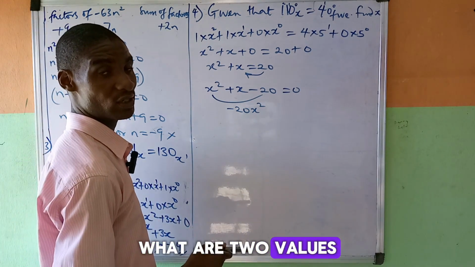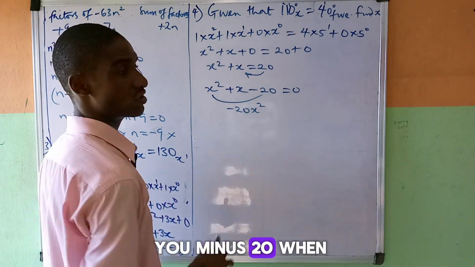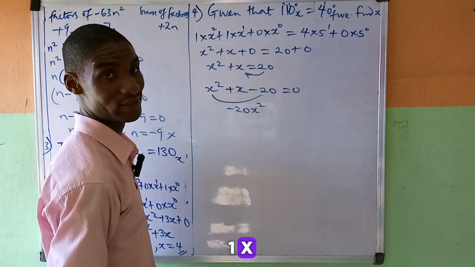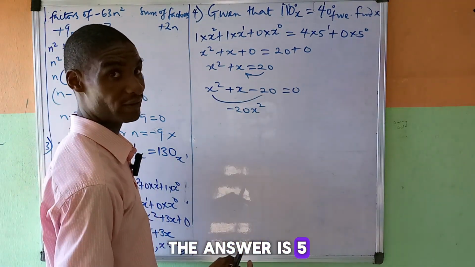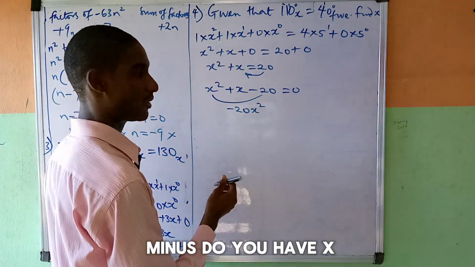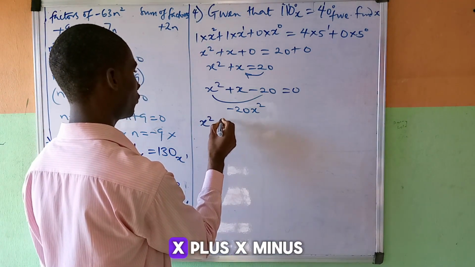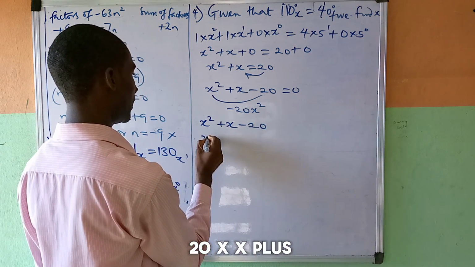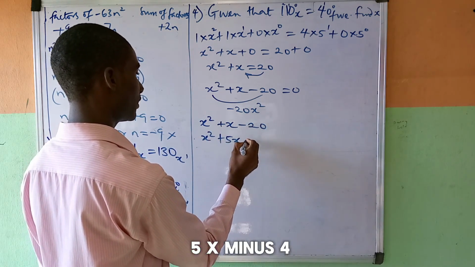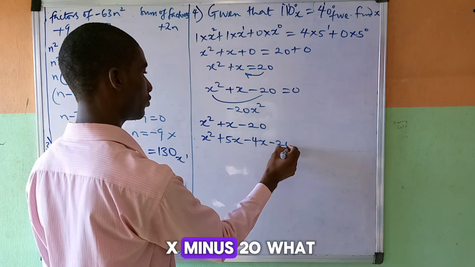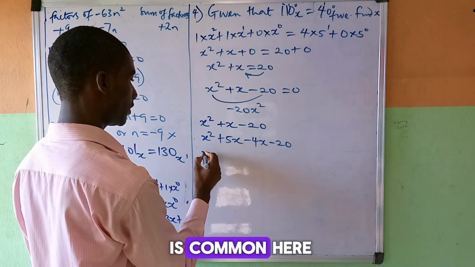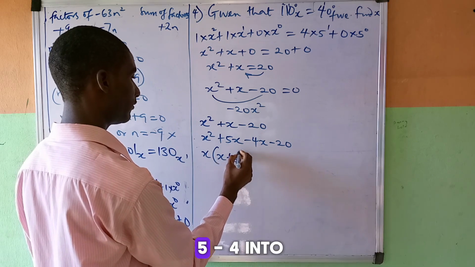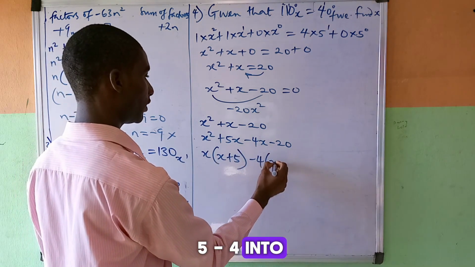What are two values that when you multiply give you minus 20, when you add give you 1x? The answer is plus 5 and minus 4. So you have x squared plus x minus 20, x squared plus 5x minus 4x minus 20. What is common here? x into x plus 5, minus 4 into x plus 5.